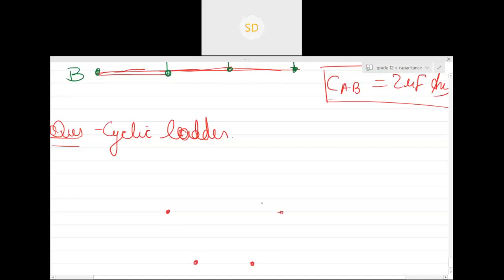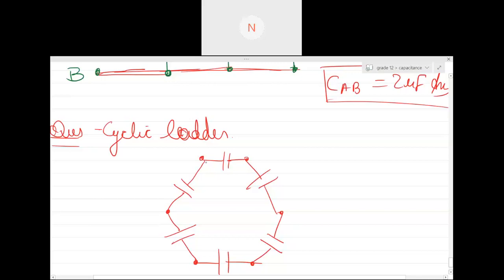Suppose guys there is a hexagon. Can you see a hexagon, guys?